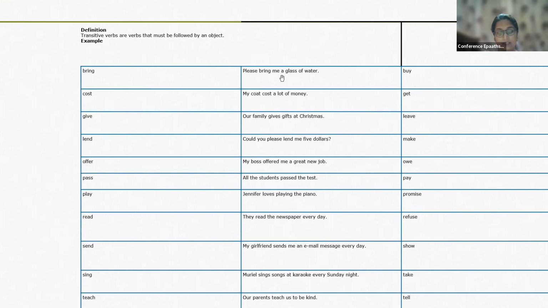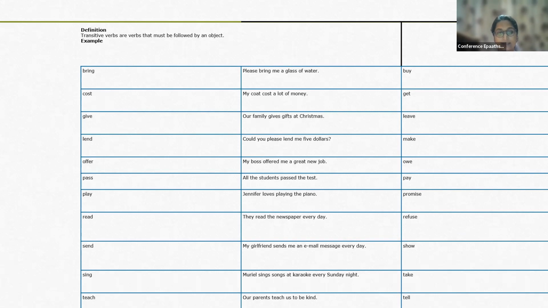Bring me what? A glass of water is the object. Now cost. My coat cost a lot of money. A lot of money is the object. Give. Our family gives gifts. Our family gives what? Gifts. So gifts is the object.